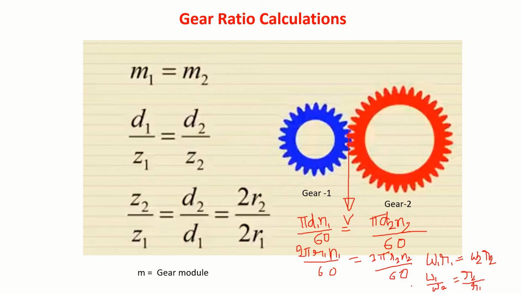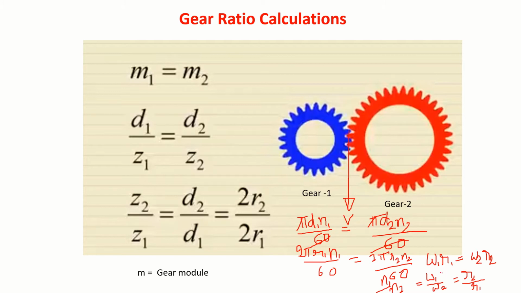Or this one also I can write it as, you see here in this equation, if I cancel the common terms, d2 by d1, or you can say 2r2 by 2r1, r2 by r1, you can also write n1 by n2. So this is in terms of rpm, this is in angular velocity, this is radius.